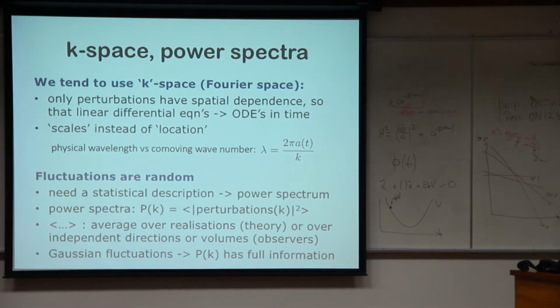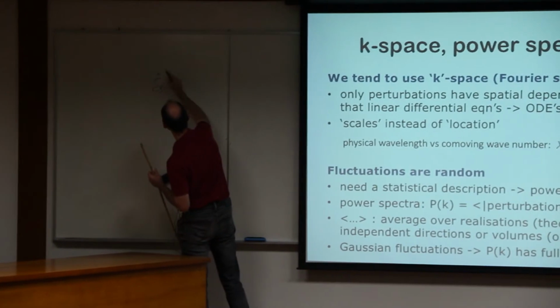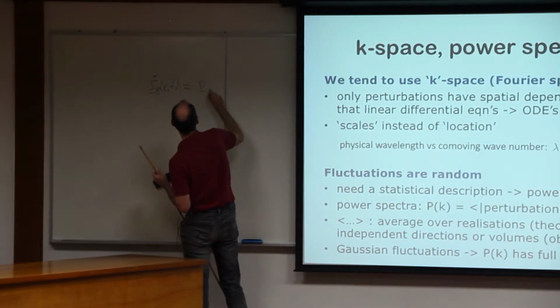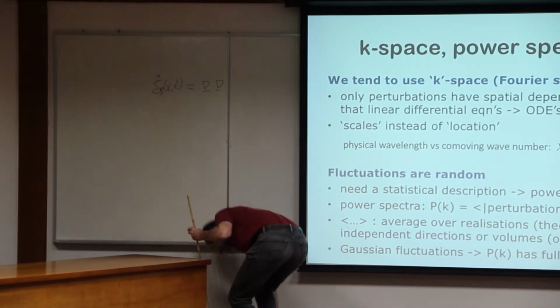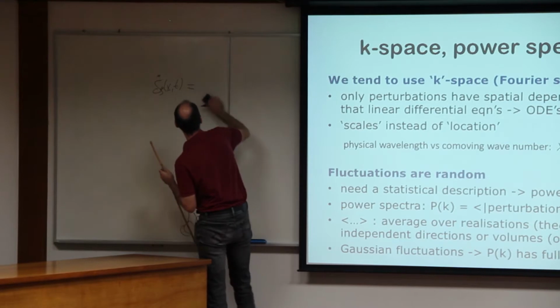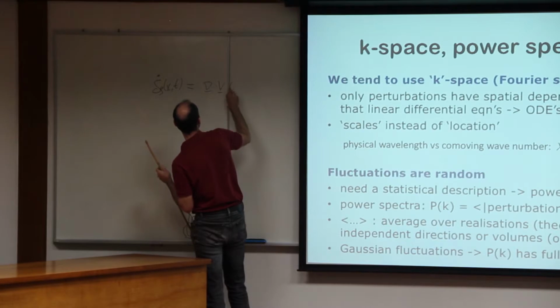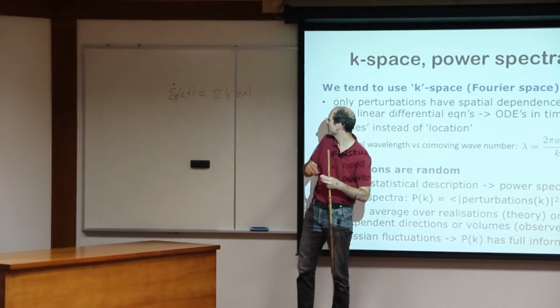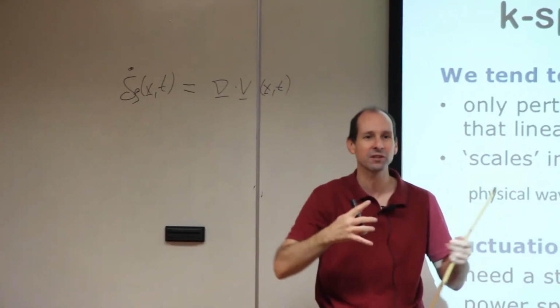We have some delta rho, the perturbation in energy density as a function of space and time, delta rho dot equal, say, the gradient of the divergence of the velocity field times rho of x and t, probably with a minus. So this would be some continuity equation. If you have stuff falling in, then you change the density.